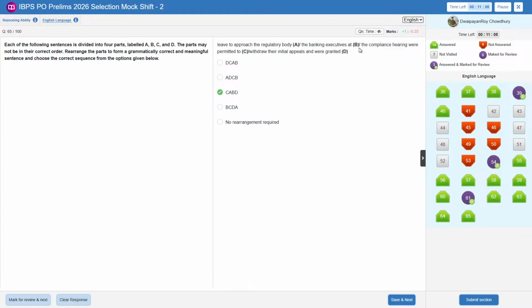The banking executives at withdraw their, not making any sense actually. Let's start with the withdraw their initial appeals were granted, the compliance hearing were permitted to leave to approach the regulatory body. So B or rather CA is seeming to be a pair.